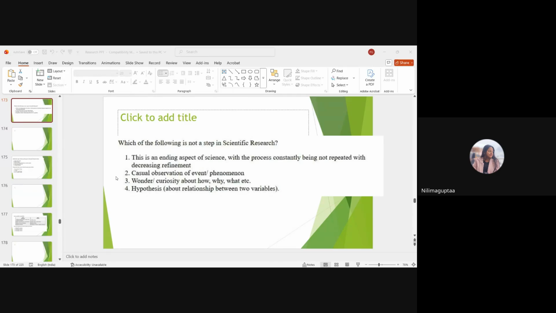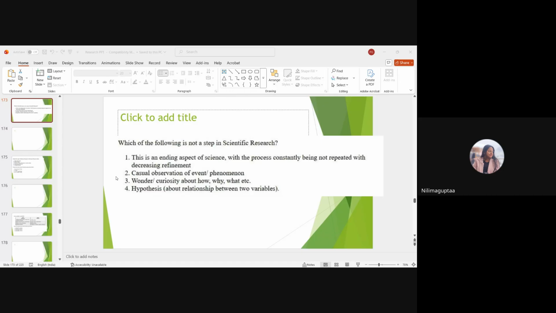The correct answer is the first one. So this is an ending aspect of science, not at all. Scientific research starts with it. It's not an ending aspect. The process being constantly repeated with decreasing refinement is completely wrong, as we studied in the characteristics and features of research, that it is cyclic in nature, and the best example is action research. So the research goes on, and we say that research should be replicable. If we repeat it, it should give the same result.